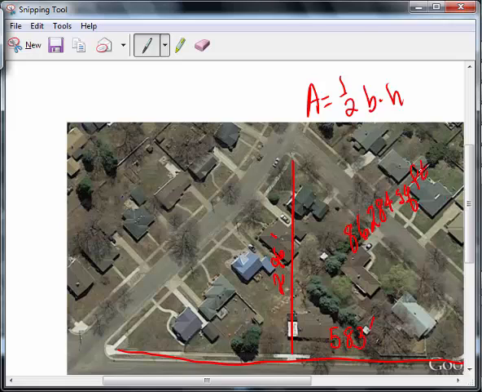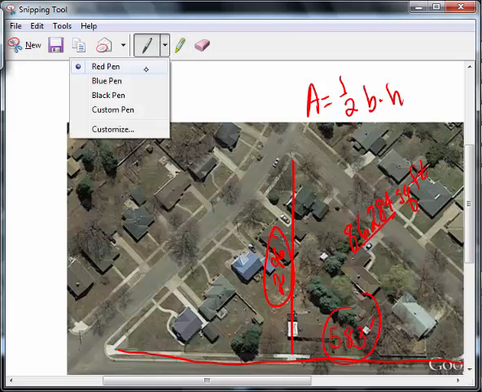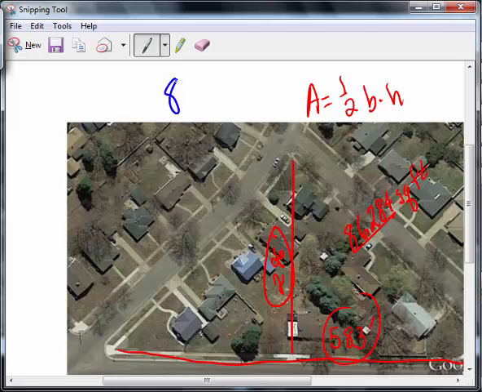Now, it's important that we get the right number of sig figs there. Since these two have 3 sig figs, our answer will have 3 sig figs. So we would write our area as 86,300 square feet.